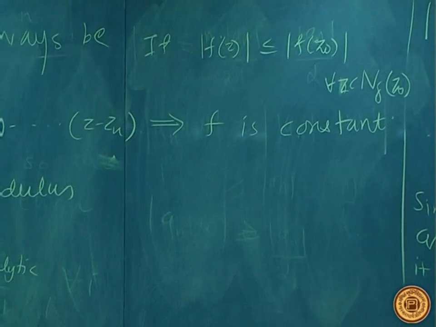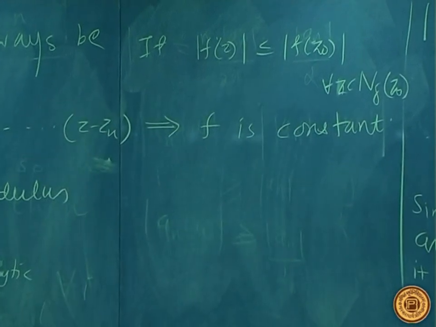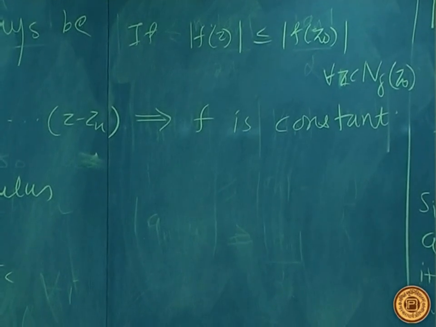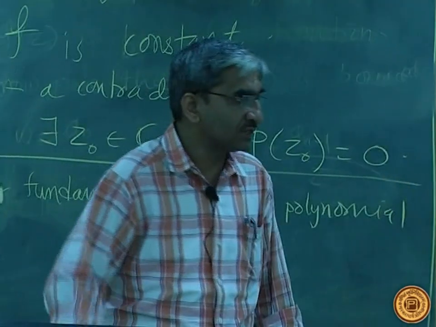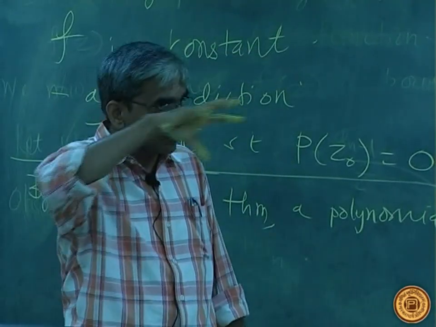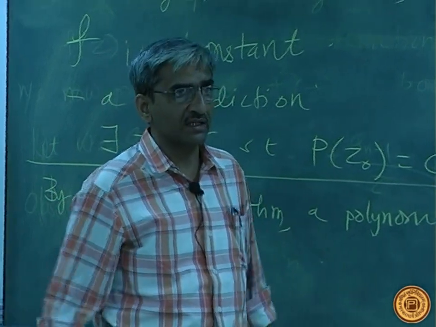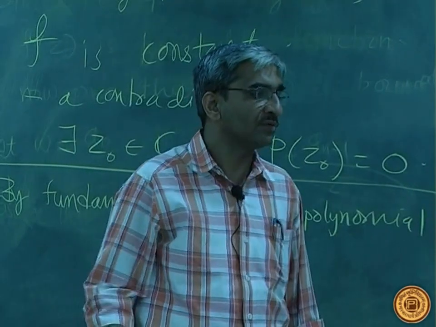So these integral formulae that we have learned, that is the expressions of the functions in terms of integrals, will be used to find the Taylor series expansion of the function around that point. So that will be the last part of this theory. After proving the maximum modulus principle, we will go to series expansions and obtain Taylor and Laurent series expansions. Okay. So that is what we will do.